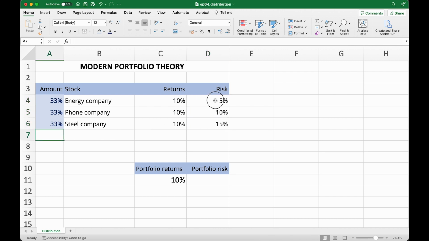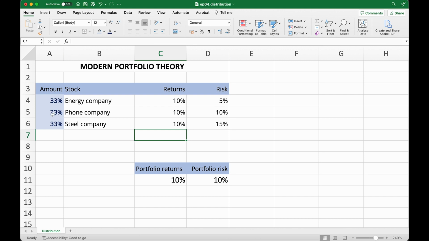So if we have 1/3 of our money in each, we will end up with around 10% portfolio risk. Okay, so that's not very interesting. It's just the middle value.